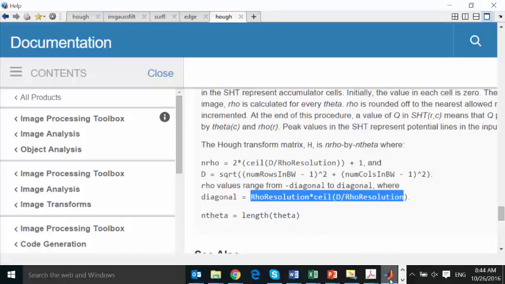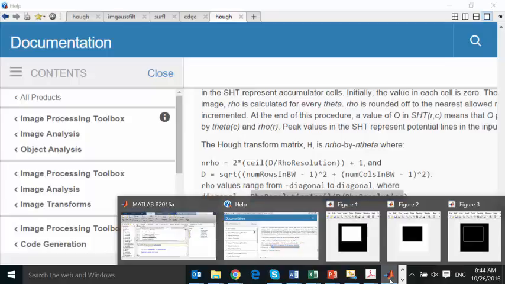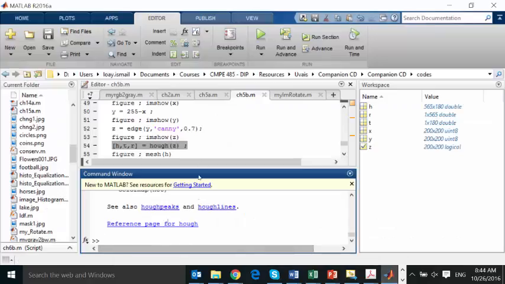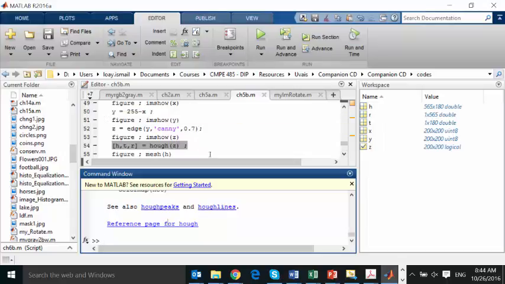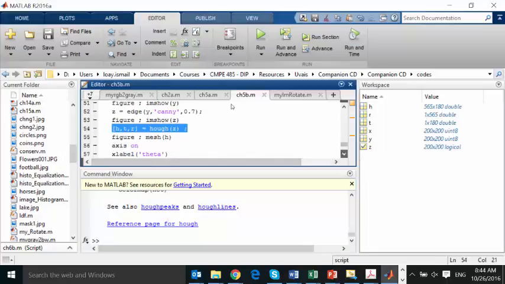So let's go back to our example. So here we have created the Hough transform. Now let's draw the result of the Hough transform. I want to draw the H. Okay, I want to draw the H. It will be something like the plane that we have just drawn here.